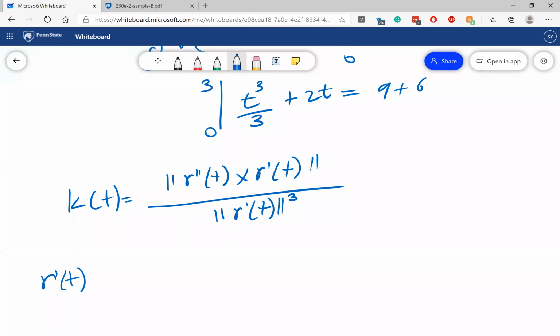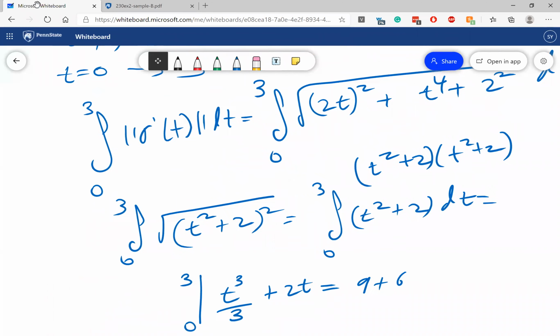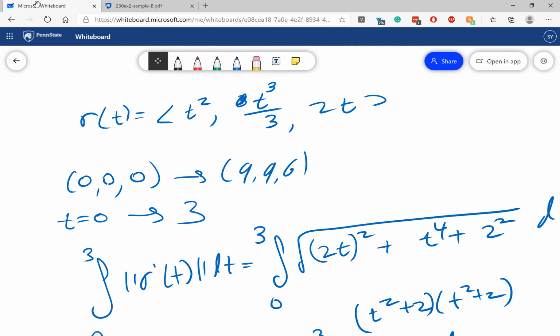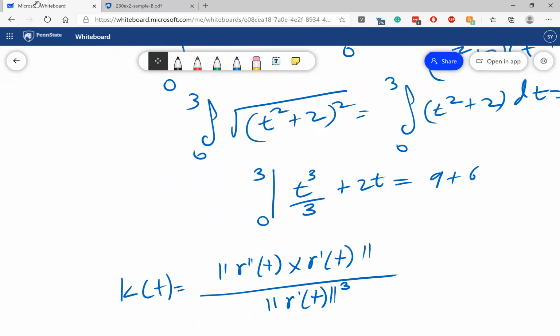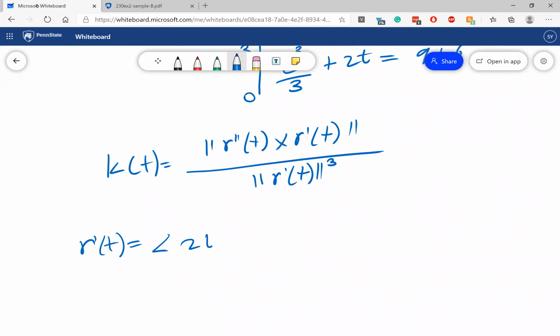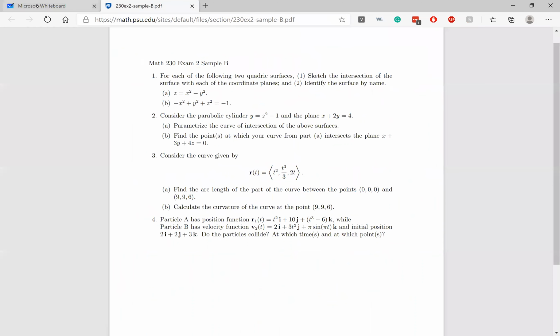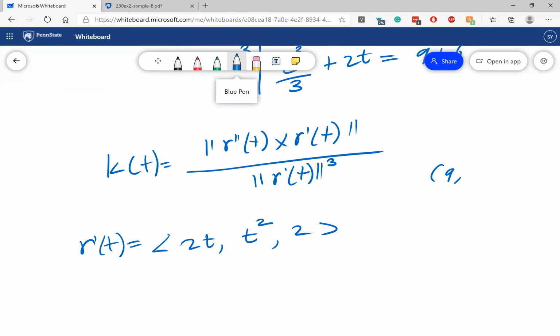R prime of t is going to be equal to 2t, t squared, and 2. And we're looking for the curvature at the point 9, 9, 6, which would be t is equal to 3.